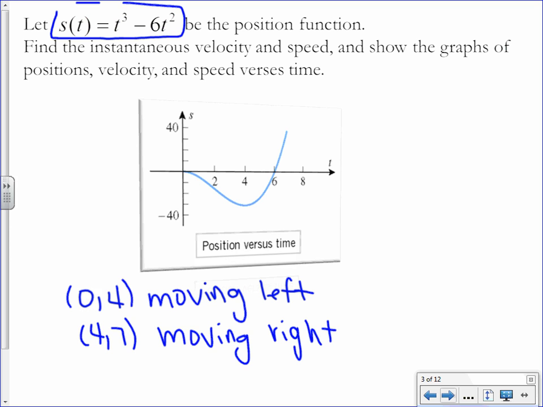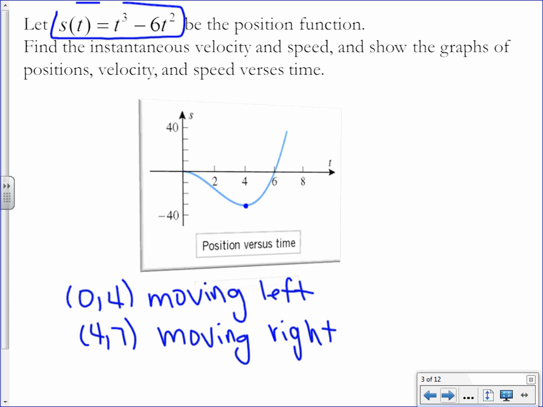If I'm looking at a position graph, how do I tell where the direction changes? At a critical point. What's the slope at this critical point? 0. Our derivative of position is velocity. What does it mean when your velocity is 0?